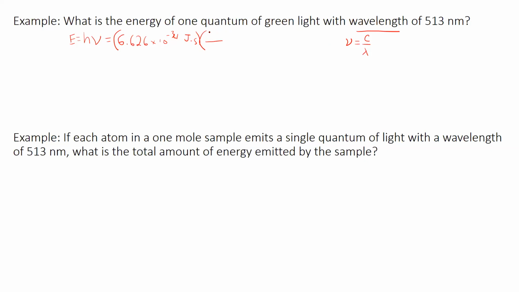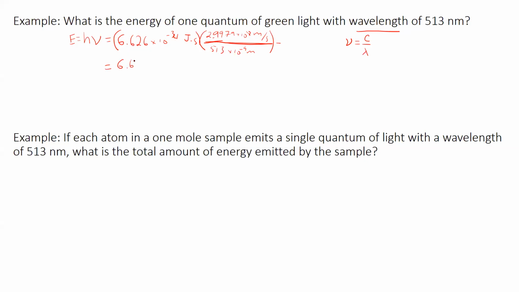So you can say 2.9979 times 10 to the 8th meters per second divided by 513 times 10 to the minus 9 meters, right? Or in our case, I'll do this down here. We've already calculated the frequency, so you can just plug that in.